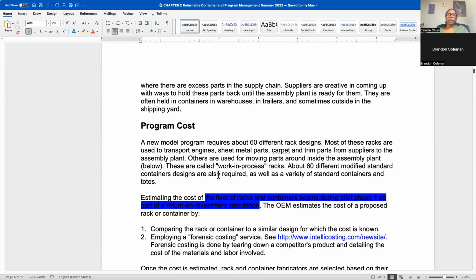And if you're dealing with a rack that's going to be holding glass windshields, for example, you're going to have some totally different design considerations than if you have, say, a transmission on a rack, a heavier product.